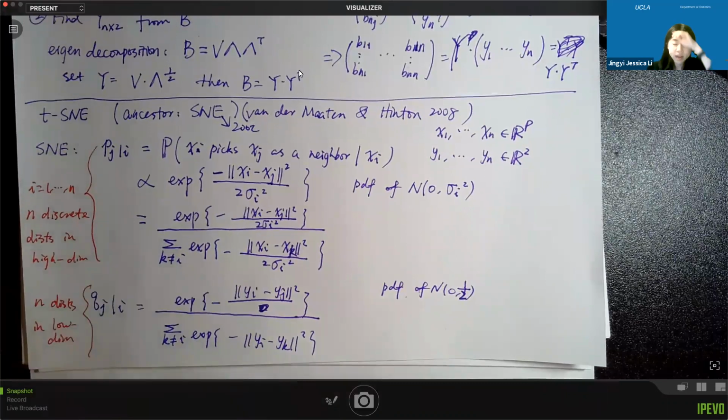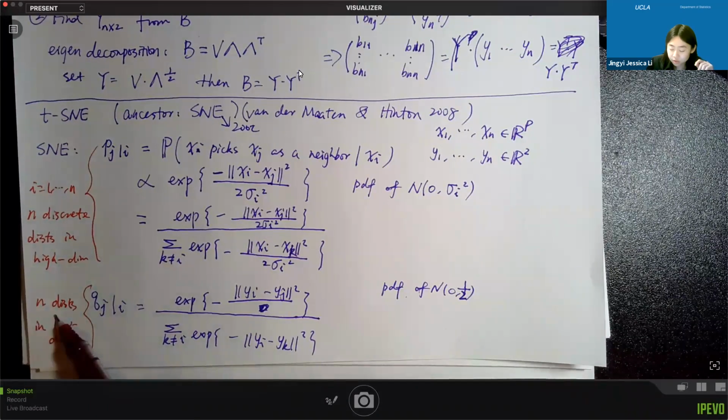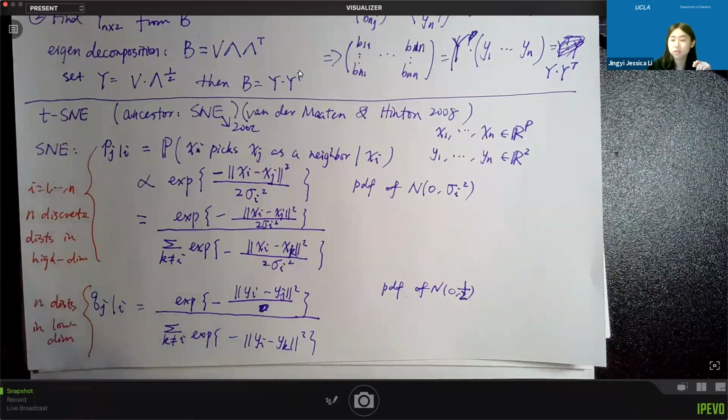And what I want in the objective is to make these n distributions very similar to their corresponding n distributions in the high dimension. In other words, I changed the problem to making the two sets of distributions close to each other. And we know that in machine learning, a typical way of matching two distributions is to use the so-called KL divergence, short for Kullback-Leibler divergence.